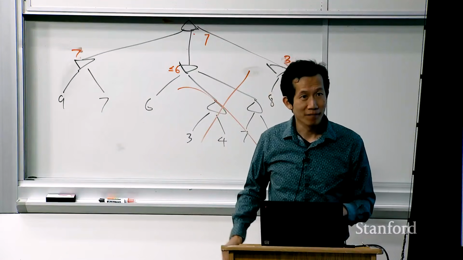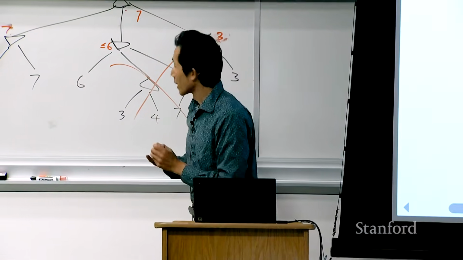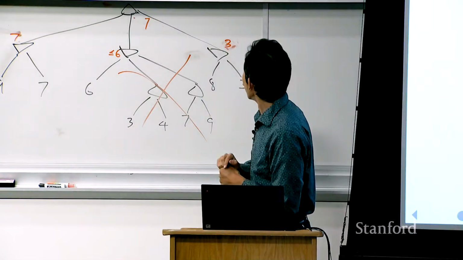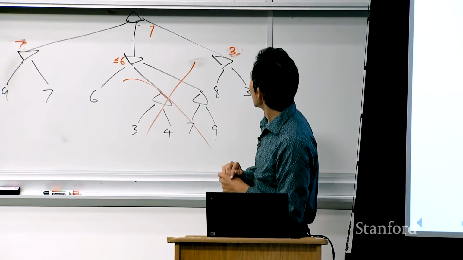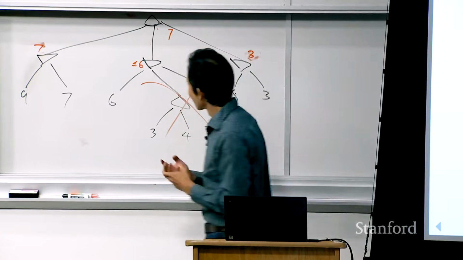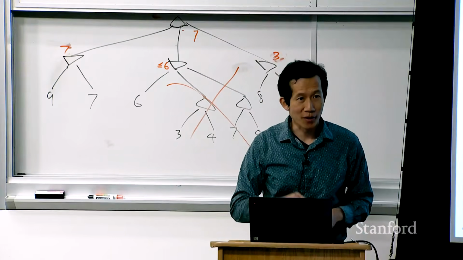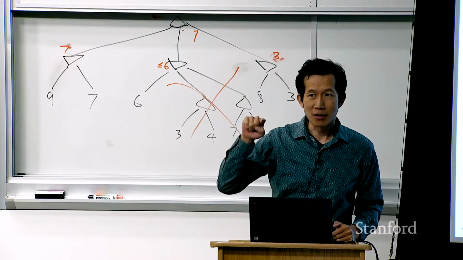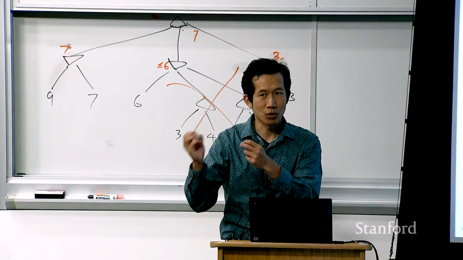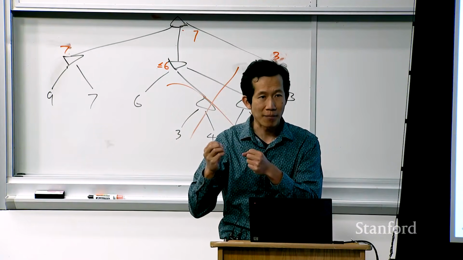Yeah, so the question is, does this work for expected max? Let's see. Short answer is no, because when you have an expectation, you have to consider all the possible things that could happen.